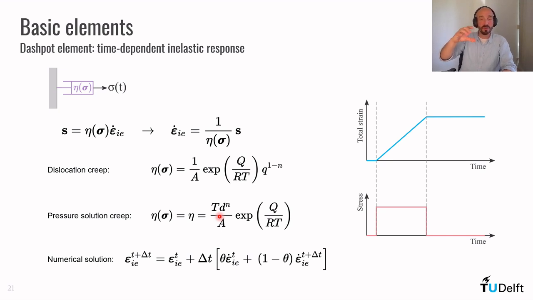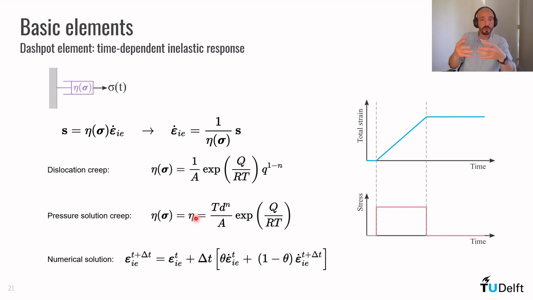Pressure solution is a phenomenon that occurs around the salt grains. If you have bigger salt grains, the viscosity of this dashpot will be higher, which means that for bigger salt grains, the pressure solution creep will be smaller.